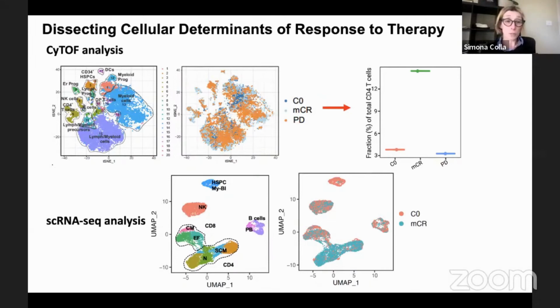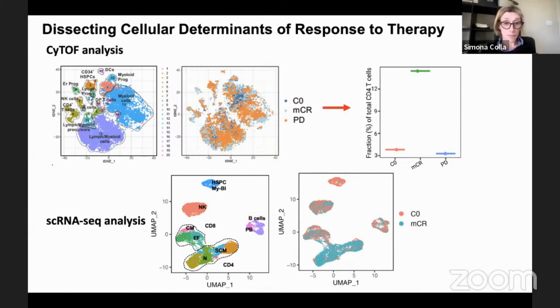What was very peculiar was that in all 6 samples that we analyzed, at the time of marrow complete remission, we observed a very significant increase of CD4 T cells. In my opinion, this was very interesting. So I decided to go over and perform single cell RNA sequencing in the bone marrow mononuclear cells. And the result, these are from another sample, so not the same.